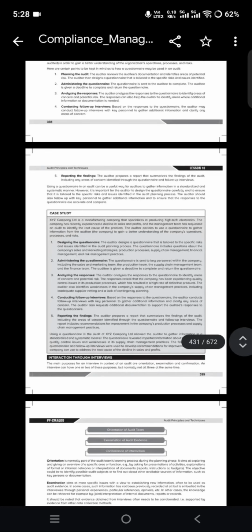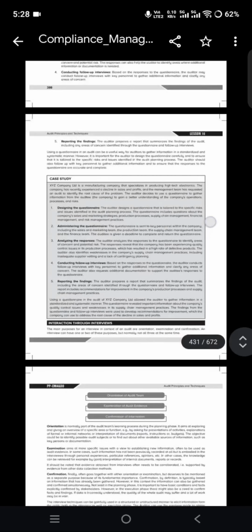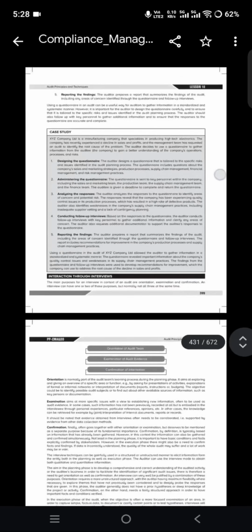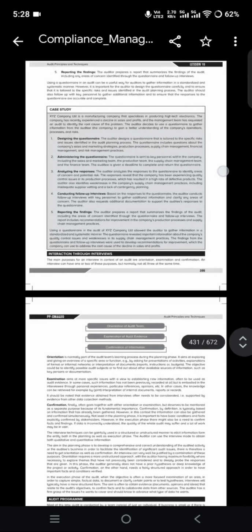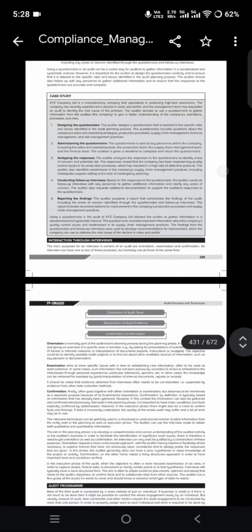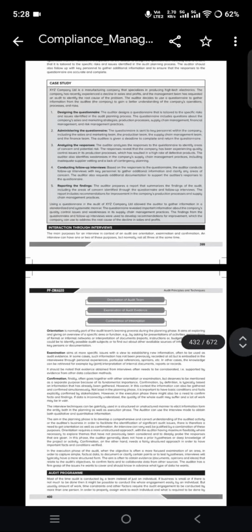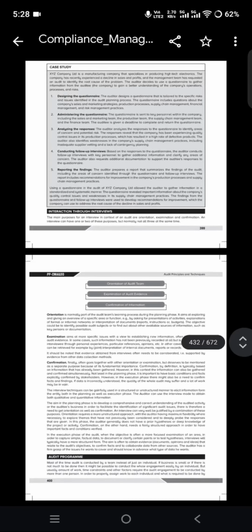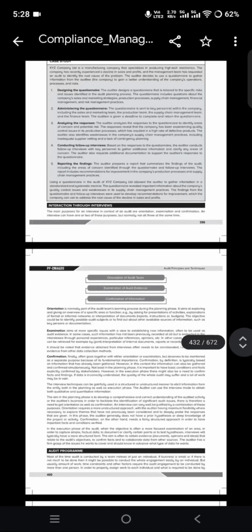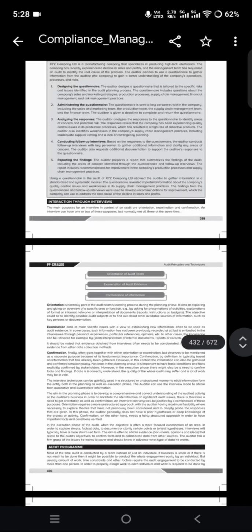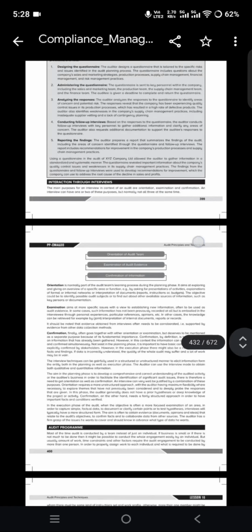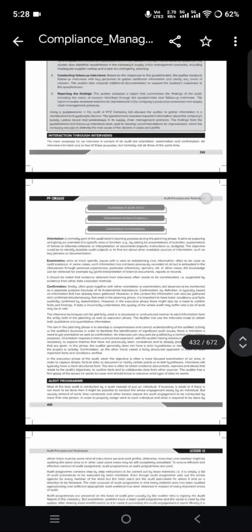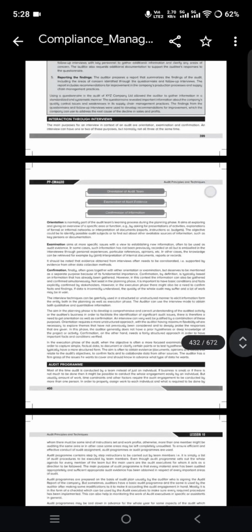Next, interaction through interviews. The main purposes for an interview in context of an audit are orientation, examination, confirmation. Whenever you go, imagine you yourself are going for an interview. In orientation, basic information will be collected through the questionnaire.